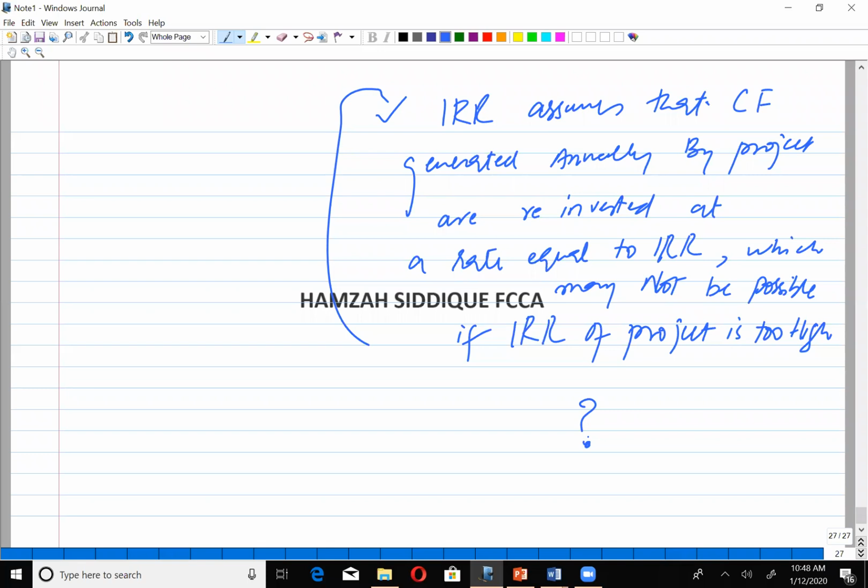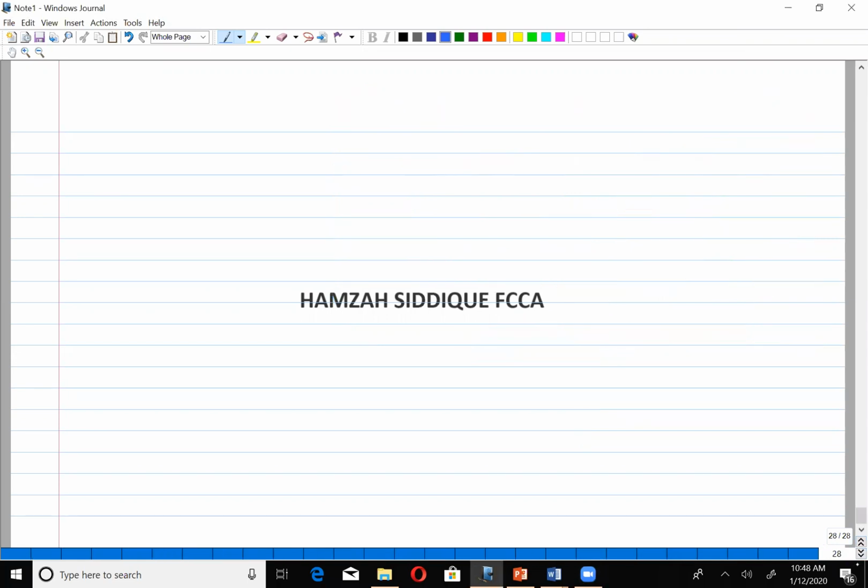Now, next. So students, next point. So let us compare the NPV and IRR methods. This comparison is important.